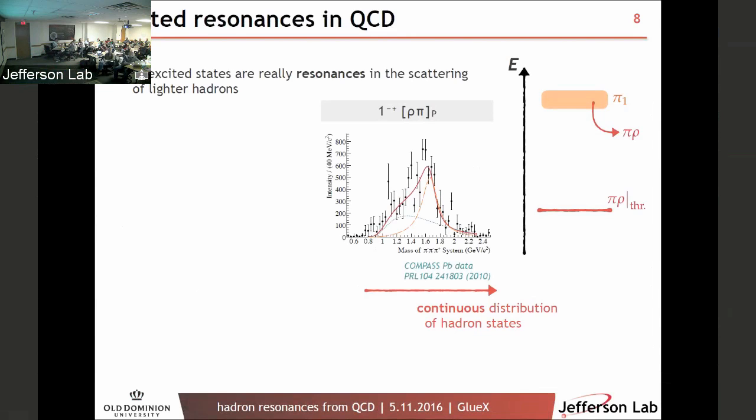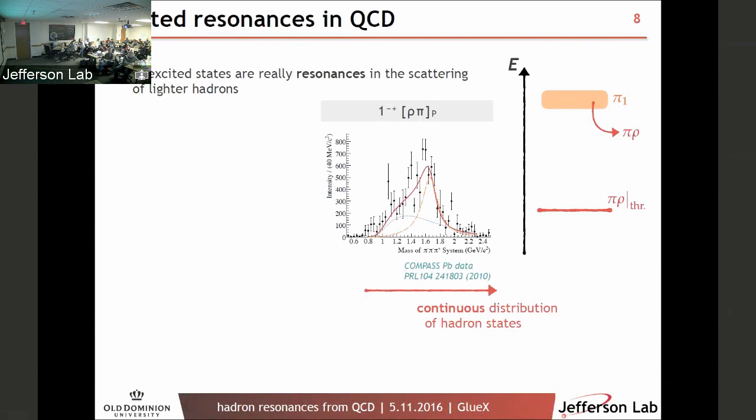And to go back to our case, this 1+ state, here's again the COMPASS data, and the point is it's a resonance, it's a bump in a continuous distribution of hadron states. What you actually measure experimentally are not infinitely narrow spikes with nothing in between, but a continuous distribution of multi-hadron states. So the actual spectrum of QCD is continuous, not discrete.